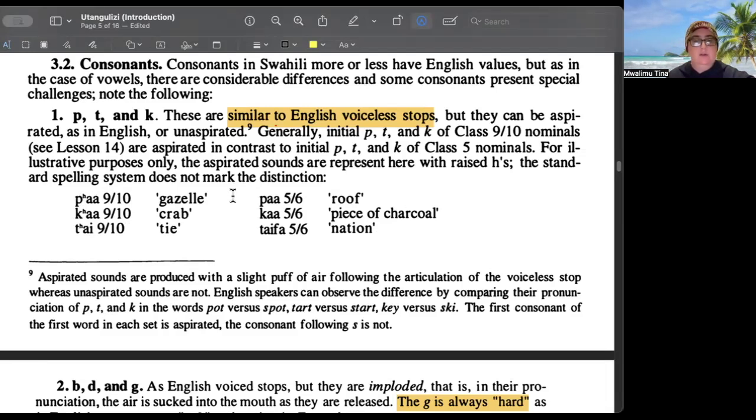On the right, we have unaspirated consonants of P, T, and K. Very slight difference. Beginners will most likely not be able to hear this in speech. Ba, ga, daifa.